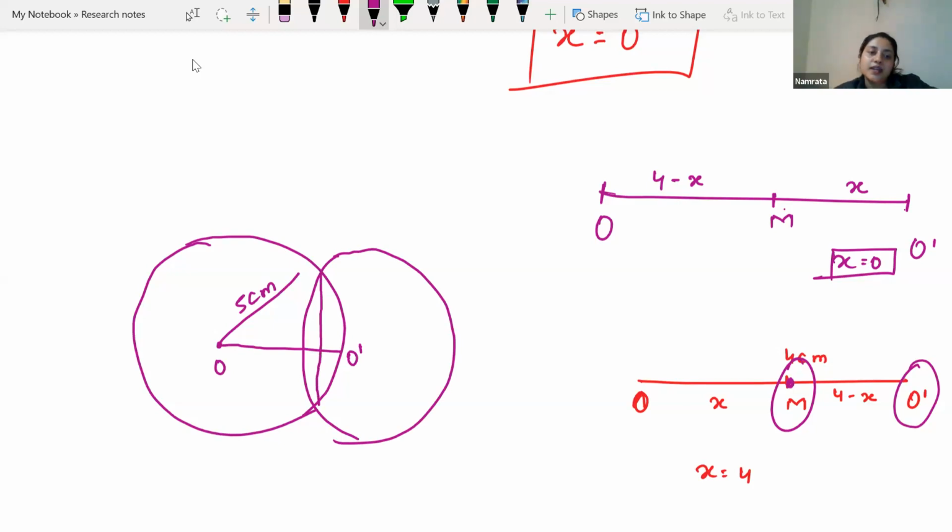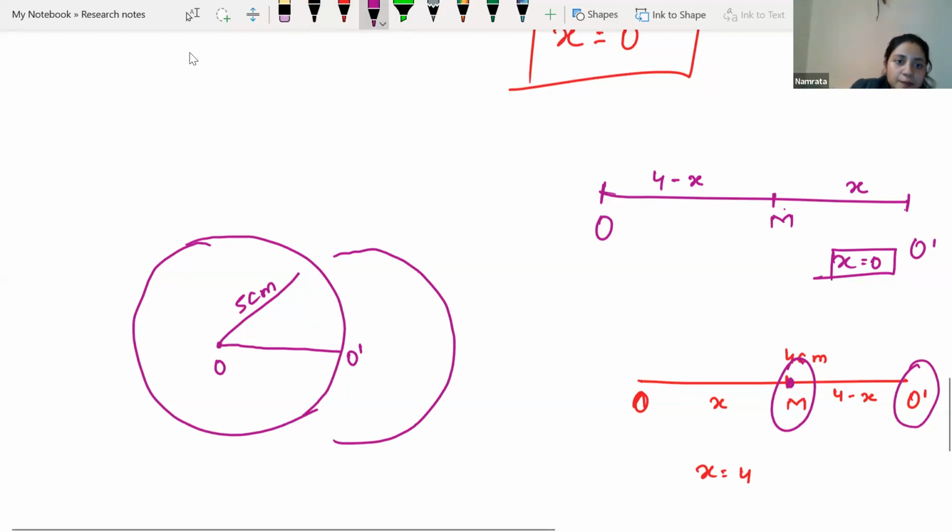Basically, we want to say that O' and M is the same point, and our figure will look like this one.